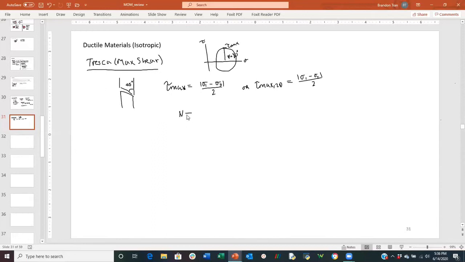And the safety factor here is equal to tau max divided by yield. Okay? And that's essentially that for Tresca. Now we move on to the last failure criteria here, which is von Mises, or this would be also known as maximum distortion energy criteria.